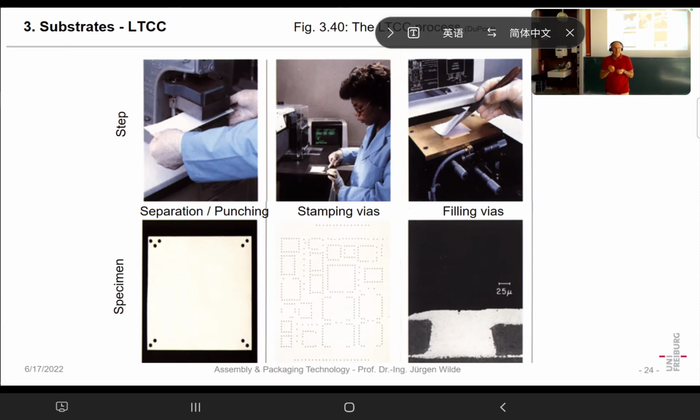Of course, there must be a little more paste on top because it will shrink in the sintering. Of course, that image is not taken directly after filling, but after firing, because otherwise we could not prepare it for microscopy. But here we see how it looks.